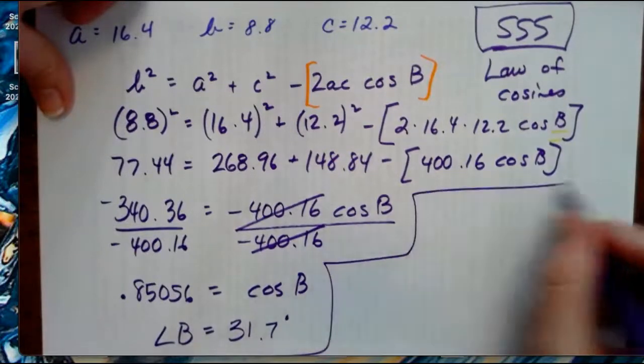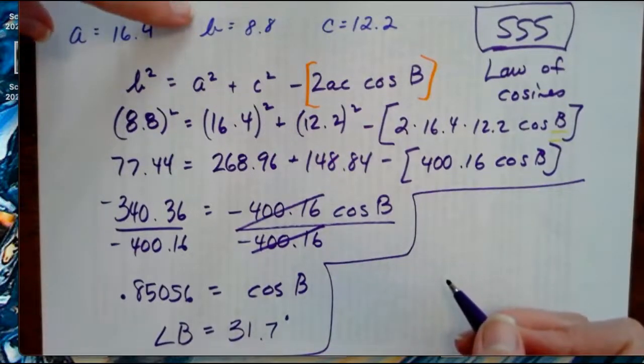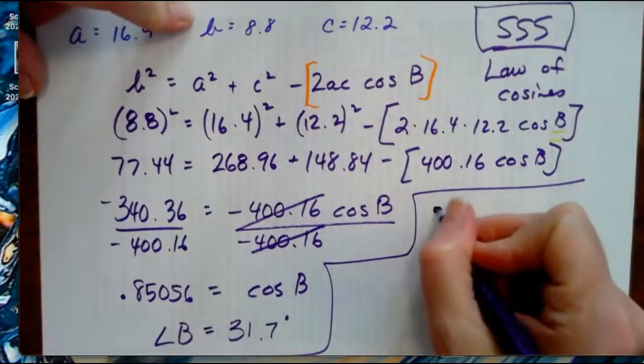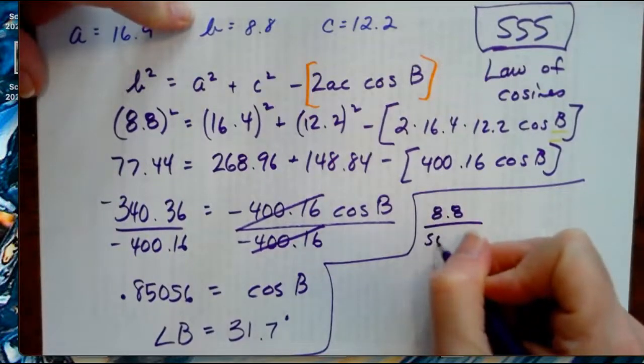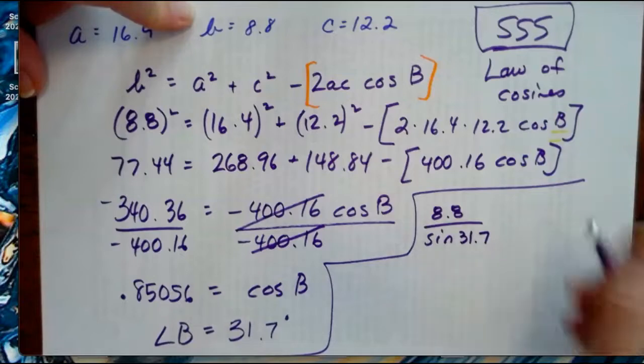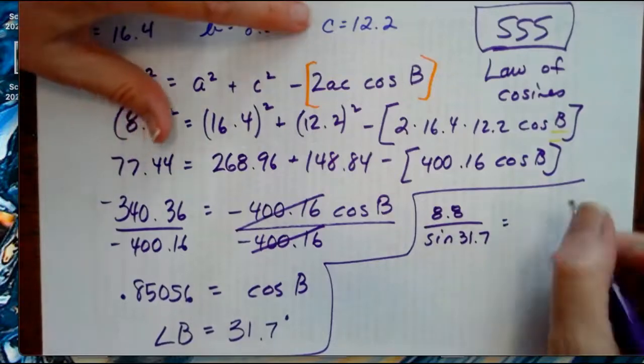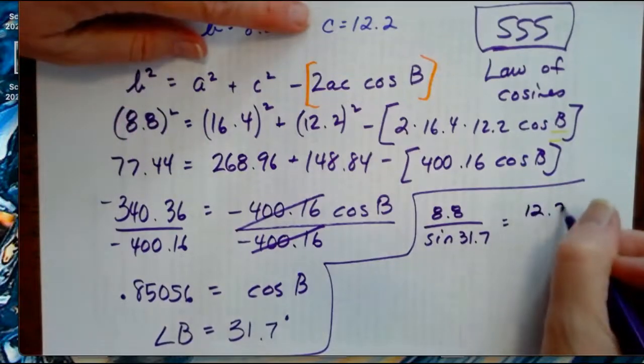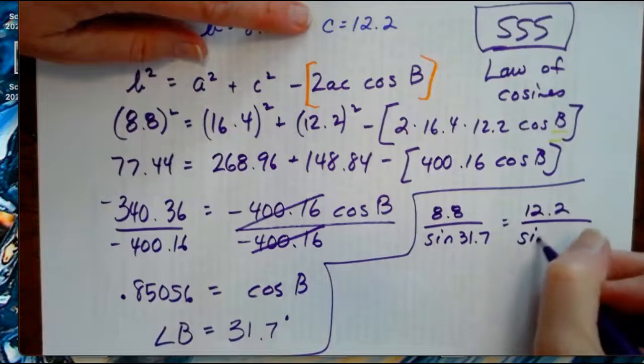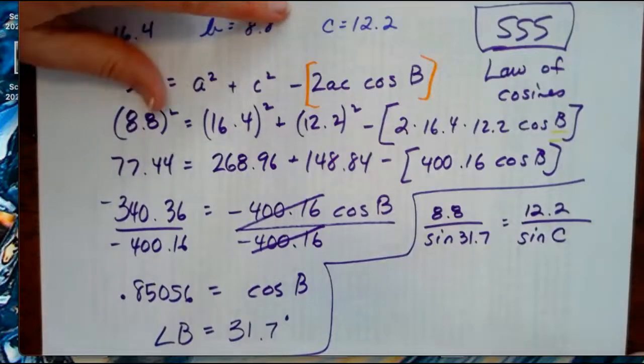Now that we know angle B, we can utilize little b, and we can set up a ratio to use the law of sines. Let's do that. 8.8 over the sine of 31.7 equals, let's go after c next, so 12.2, which is little c, over the sine of c. Cross multiply and solve for c.